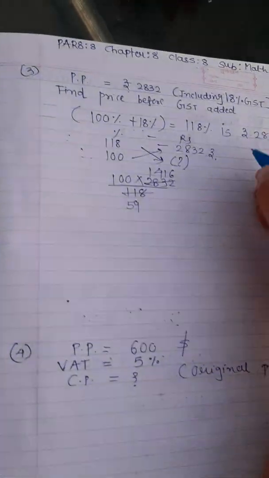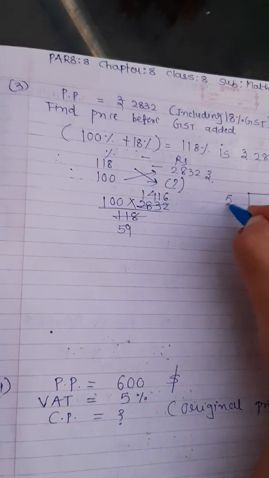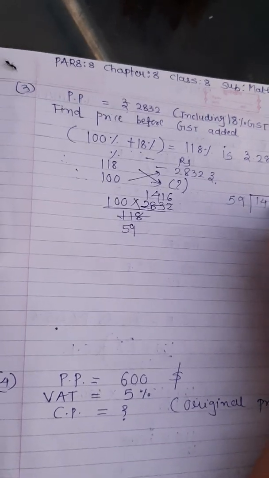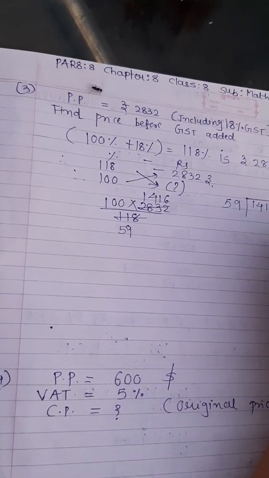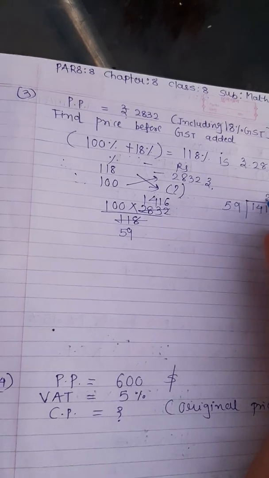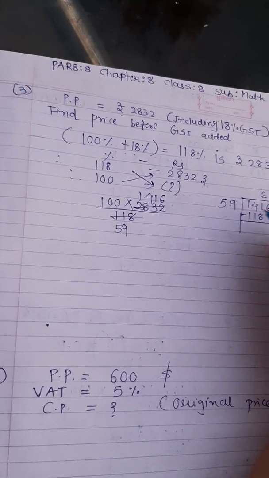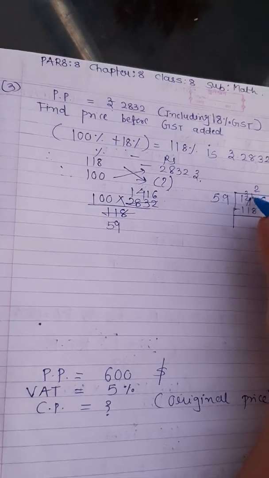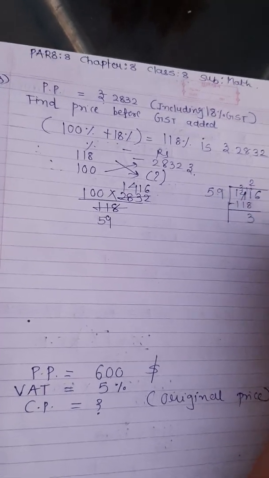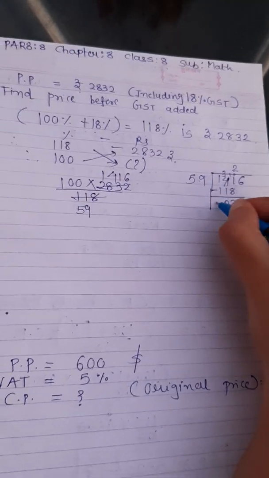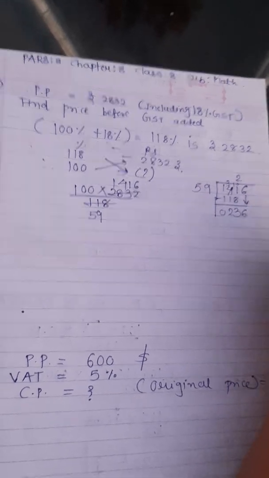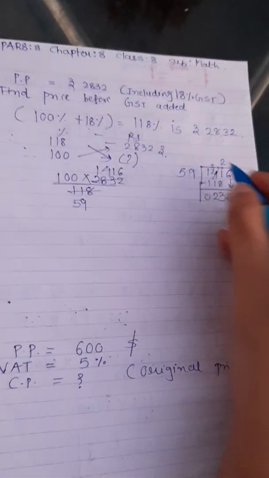Is it possible to divide? Let's check it. I'll just simply check it. 2 fives are 59, 2 twos are 118. Let's check 59 fours are.